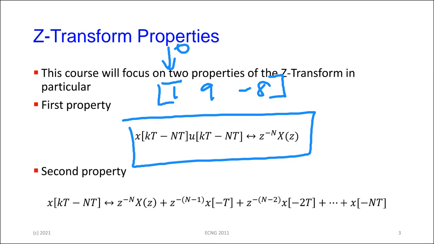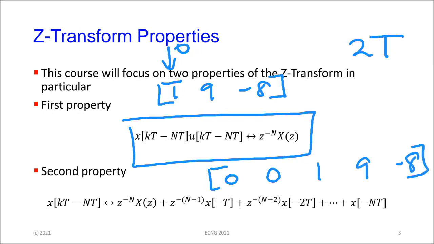If I delay this by, let's say, 2 time periods, instead of that, what I have is nothing, nothing, and then after the second time period, I have 1, 9, and minus 8. So if I delay it by 2 periods, this is t equal to 0, this is t equal to 1, this is t equal to 2 now. Or if you want, 0, T, 2T, 3T, 4T, etc.